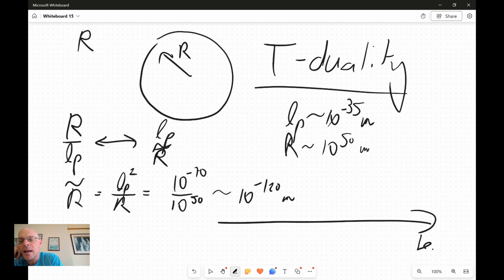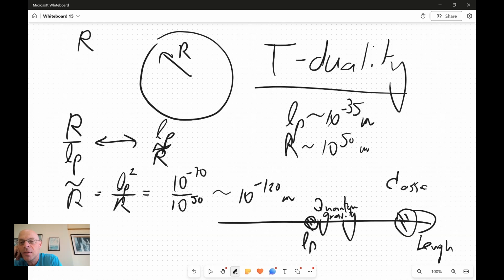This is length or distance. So at L Planck, we have quantum gravity effects that are important. But at much larger distances, let's say around 1 meter, we have classical physics.